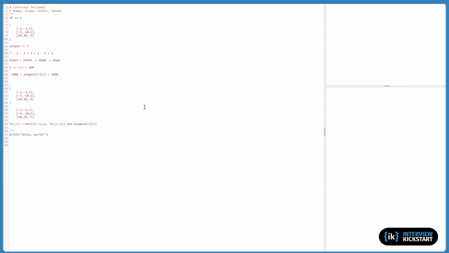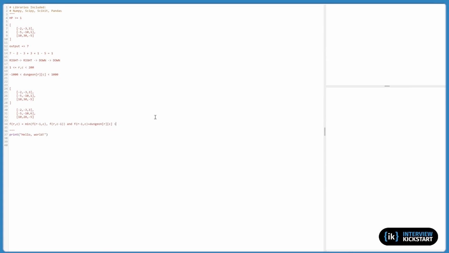I'm gonna have to check if the numbers are all positive or not. Actually, dungeon could be any positive or negative number here too. So I would have to do that.